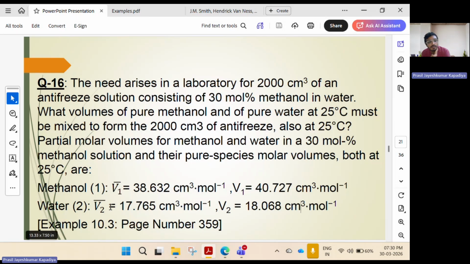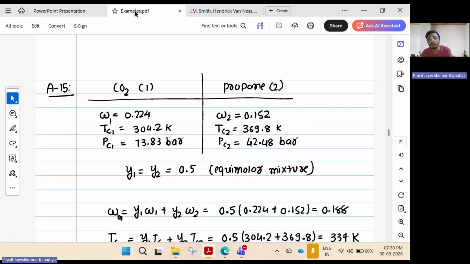Similarly for water, the partial molar volume is 17.765 centimeter cube per mole, and for pure water it is 18.068. So what volumes should I take such that the total volume is 2000 centimeter cube with 30 mole percent of methanol in water?